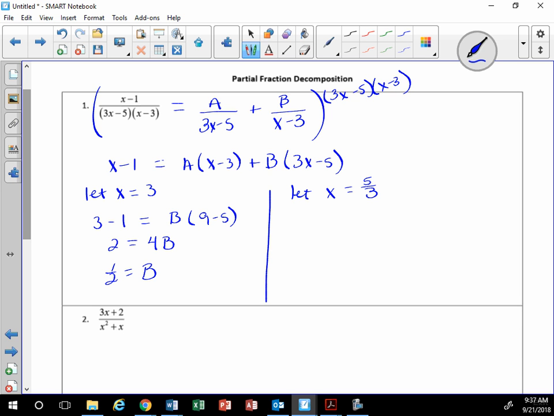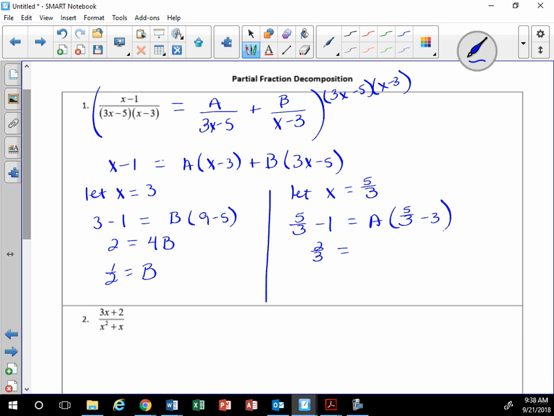So I have 5/3 minus 1 equals A times 5/3 minus 3. And there would be no B term, right? Okay, so 5/3 minus 1, what do I get? 2/3. What about 5/3 minus 3?